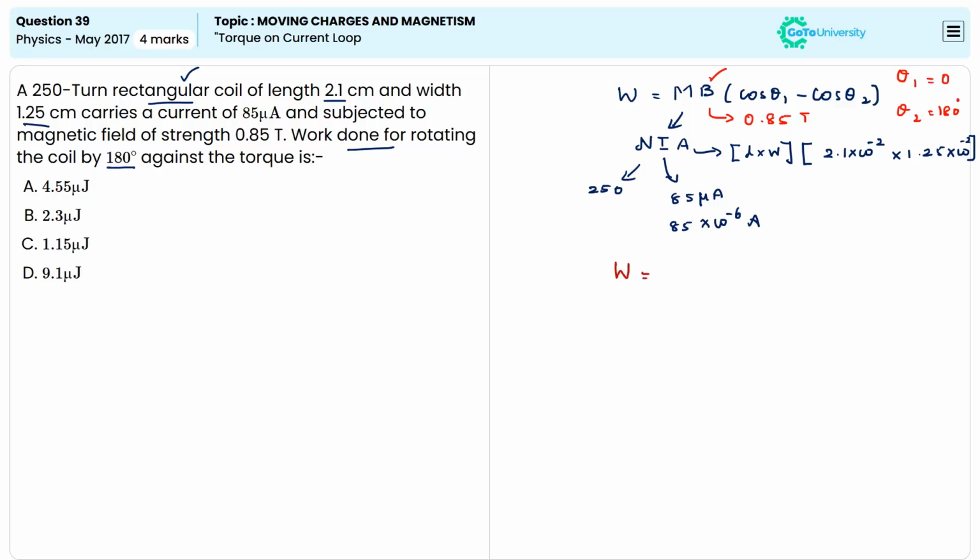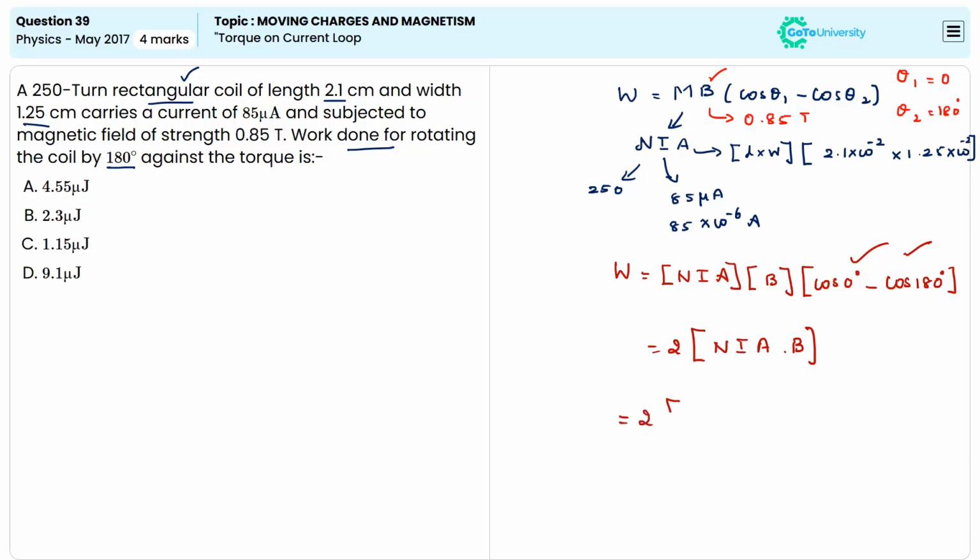Work done will be equal to M, which can be written as NIA, times B, times cos theta 1, which is cos 0 degree, minus cos 180 degree. So when we are solving this, we will get 2 times NIAB. Now we can apply all the values.